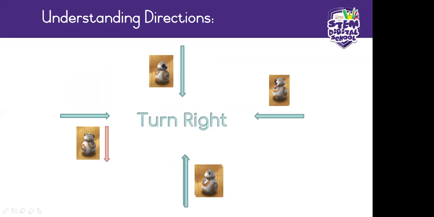If he's looking that way, the other way, turn right is going to be up. If he is standing with his back towards you, right is going to be this way, same as your right hand. And the last one, if he is facing you, and he's moving down, then right will be to that side. Okay.